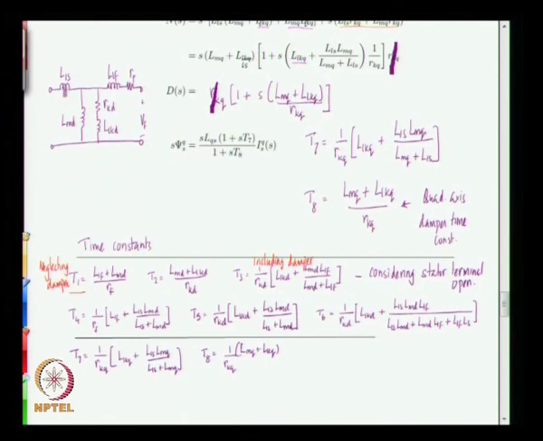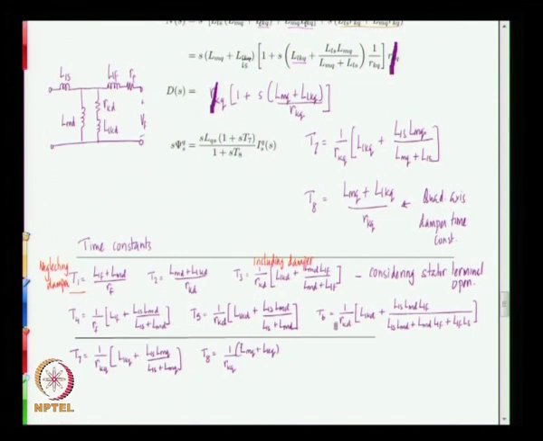So, the net inductance there is LLS times LMD divided by LLS plus LMD, that is what you have here, and then that is occurring in series with LLF. So, plus LLF and divided by RF. So, this term T4 will arise if you neglect the damper circuit, but short this side.